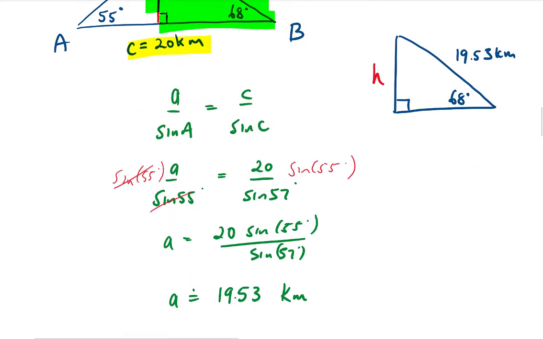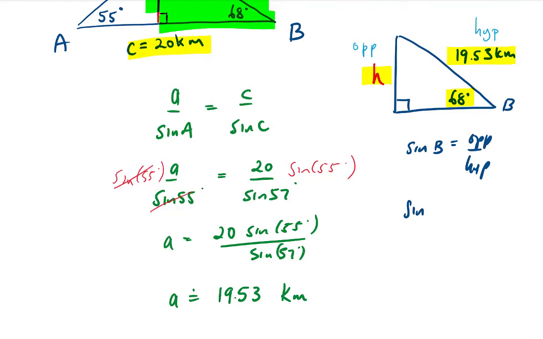Since it's a right triangle, we can use one of our trig ratios. Our angle of focus is 68. We know the opposite side and the hypotenuse. This is opposite 68 degrees, and this is the hypotenuse of the right triangle. So that means I can use my sine ratio. Remember, the sine ratio states that sine of B is equal to the opposite over the hypotenuse.